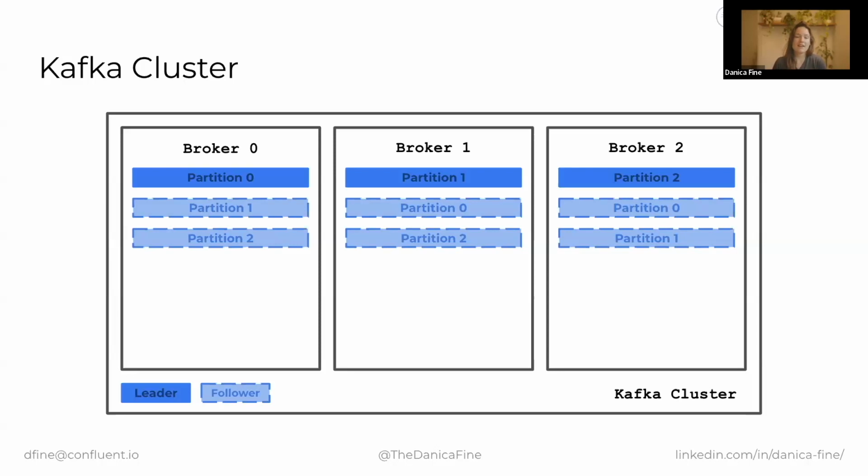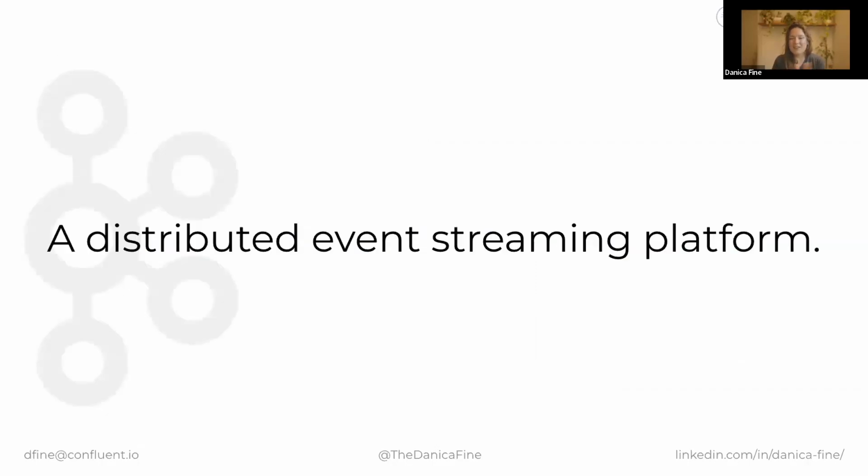And so when I'm writing data as a producer to, say, broker 0, partition 0, we're going to write that data first to partition 0, and then we're going to replicate it synchronously to brokers 1 and 2. So that in this case, if any nodes go down, we don't actually lose any of our data. All right, that was a very, very high level intro to the architecture of Kafka, but I think it's worthwhile to just keep in the back of your mind and know the cool things that are going on behind the scenes for you.